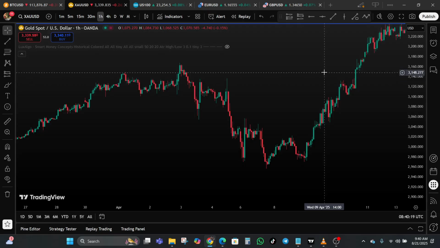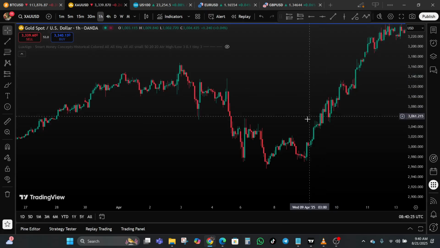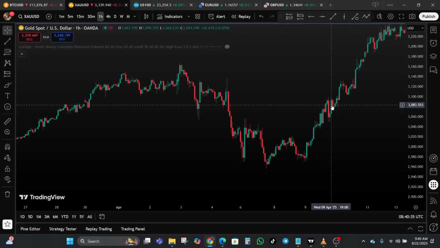The ICT Gold Trading Strategy is built on three core elements. The first is market structure. The second is liquidity. And the third, institutional footprint. These concepts allow us to look at charts without the clutter of indicators and see what really drives price movement.